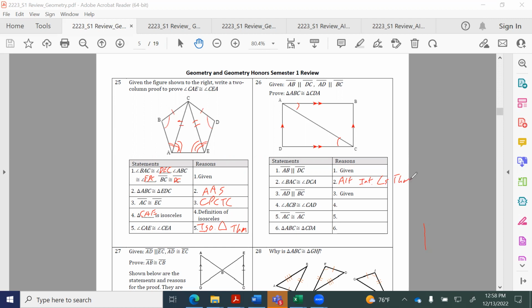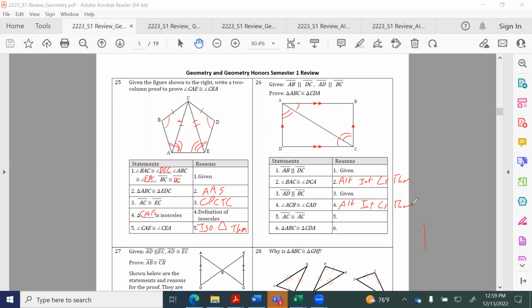All right, then we go on to the next one. Well, kind of the same idea. Angle ACD is congruent to angle CAD. Again, those are alternate interior angles of those two. So, alternate interior angles theorem.